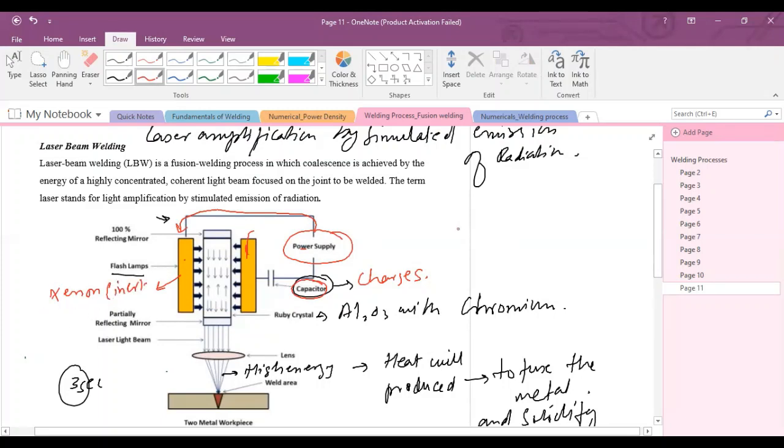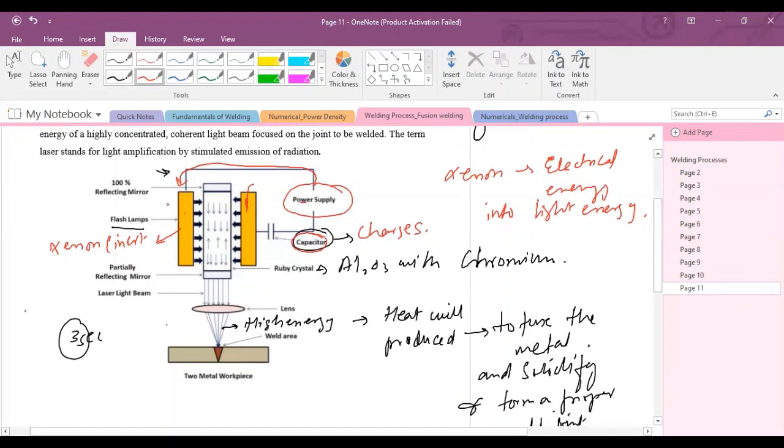This xenon gas will use this electrical energy and convert it into light energy, and this light energy is absorbed by the chromium atoms.